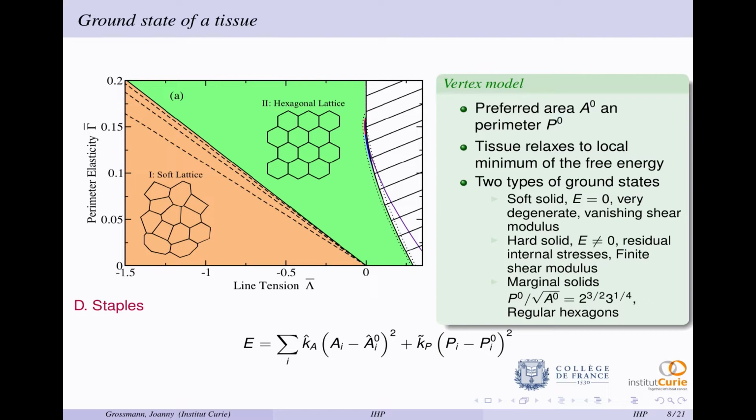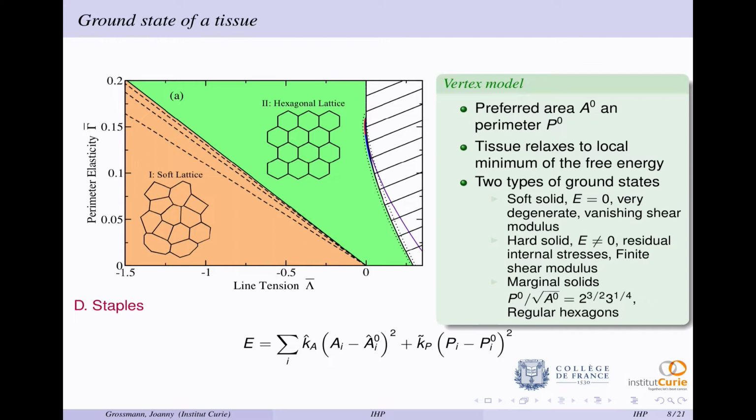I won't explain what the coordinates are, but it will allow me to discuss the ground states. There are 2 types of ground states that you find, depending on the value of this dimensionless parameter, which is the perimeter divided by the square root of the area, that I call the shape ratio. If the perimeter is very big, you can always take the area A0, and you stretch the perimeter in such a way that you reach a perimeter which is equal to P0.